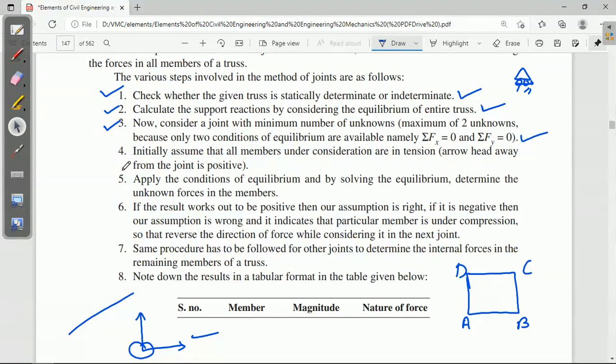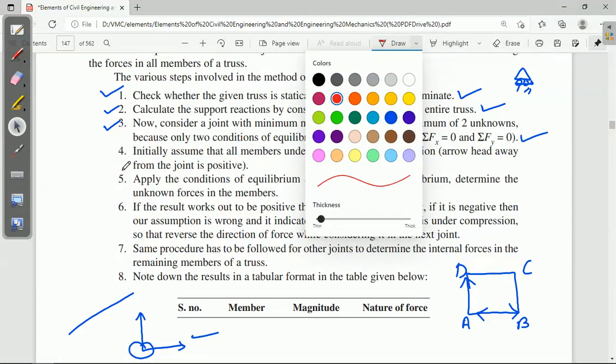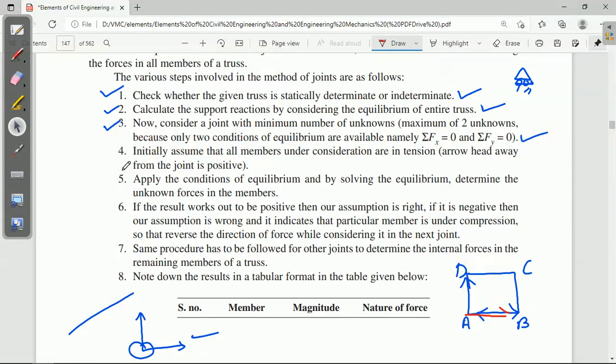Initially we are considering all the forces moving away from the joint. We don't know the direction, whether the force is coming towards A or moving away from A. So at the beginning, we need to consider the force as tension, that is moving away from the joint.